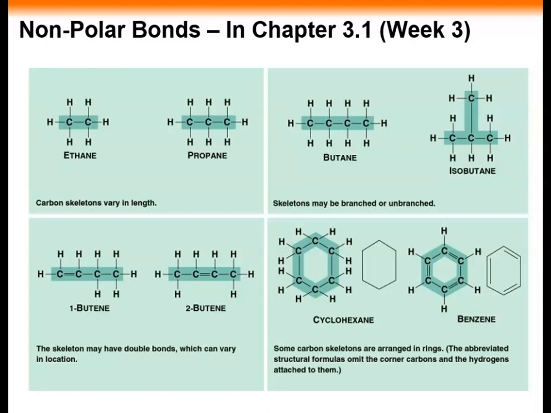Okay, so our last topic for this week is not actually in this section. It's actually in the next chapter, chapter 3.1, but I wanted to include it here because it's a nice contrast to everything we just learned about and those polar covalent bonds pulling the electrons from hydrogen to the oxygen, making oxygen more negative and those hydrogens more positive.